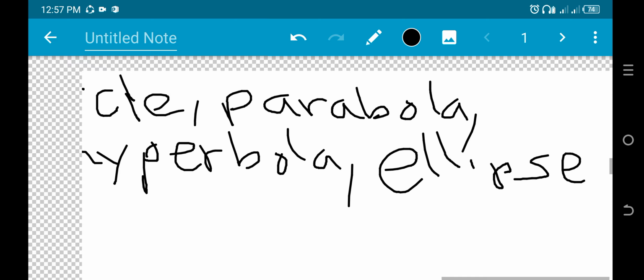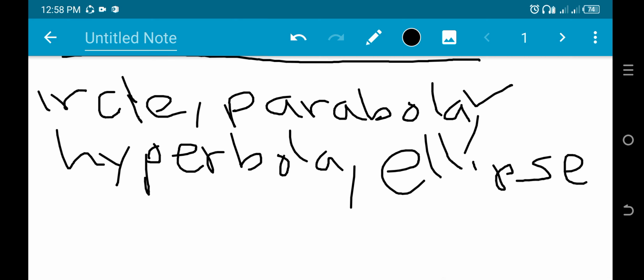But for today our main focus will be on the parabola. We need to find the equations for the parabola. We need to look at least at one question on how we are going to solve for the parabola, and also some key important words to do with the parabola.